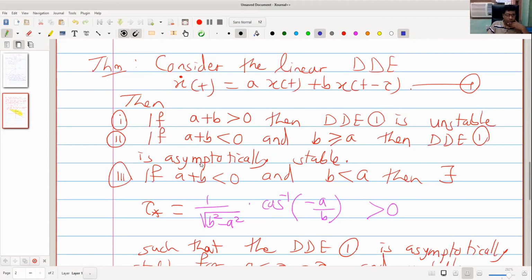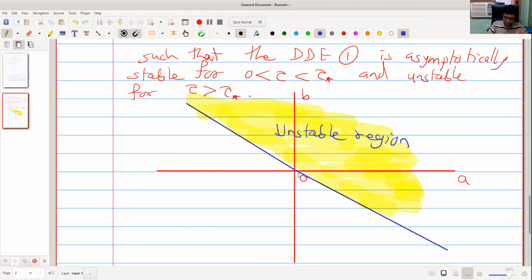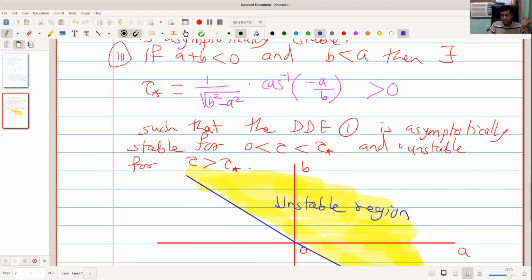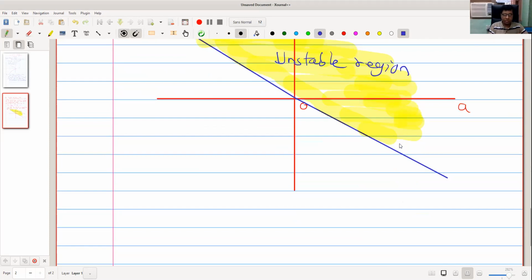Second, if a plus b is less than 0, it means below this straight line, and b is greater than or equal to a. Now we need the straight line b equal to a. Let me sketch that line b equal to a.